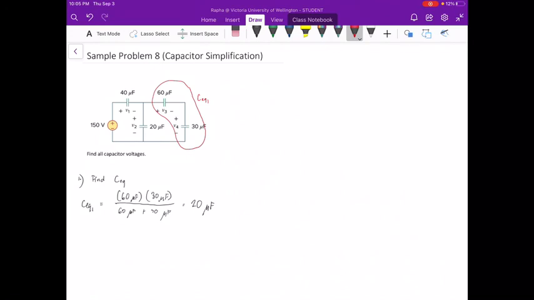Now we can solve for another step higher to the simplification. We have here combining that with the parallel capacitor, and we will call that our CEQ2. So our CEQ sub 2 is equal to the sum of 20 microfarad plus 20 microfarad, which is equal to 40 microfarad.